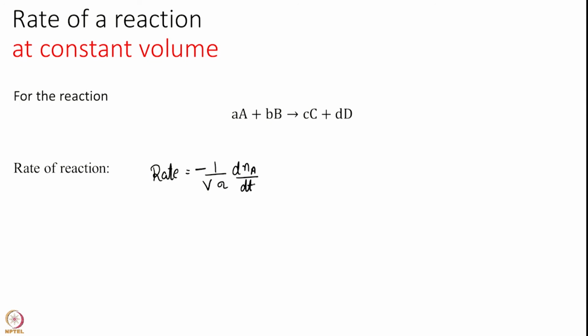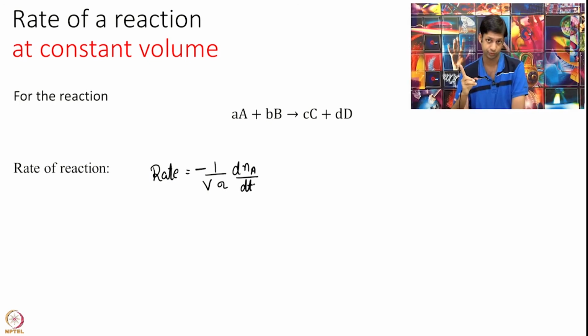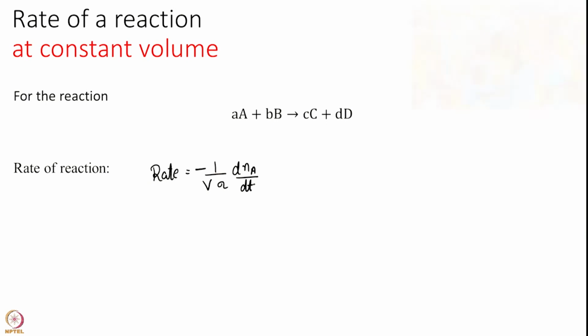If volume is constant, there is a big if, and in chemistry we often deal with such reactions in solutions. When you mix two reagents, typically the volume is not changing by a lot, but nonetheless if volume is constant, I can write this as dNA over volume over dt, and so this becomes equal to minus 1 over A d concentration of A over dt, where concentration is defined to be Na over volume.